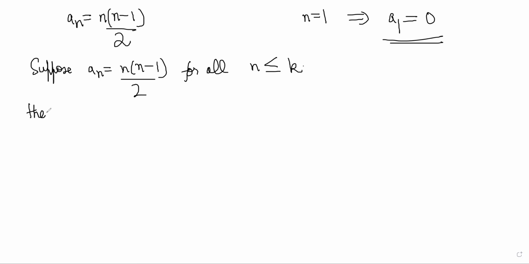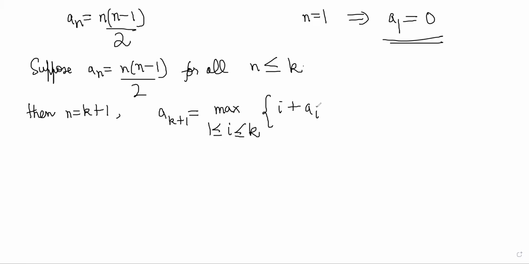So then when n is equal to k plus 1, in that case, A of k plus 1 will be equal to max of 1 is less than or equal to i less than or equal to k of i plus A_i plus A of n minus i. So that is k plus 1 minus i. This is the situation here. Now, we know that A_i can be written as i into i minus 1 by 2 because we have assumed that in the induction hypothesis.